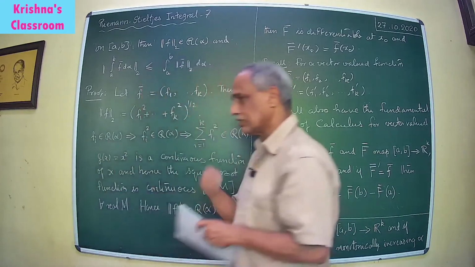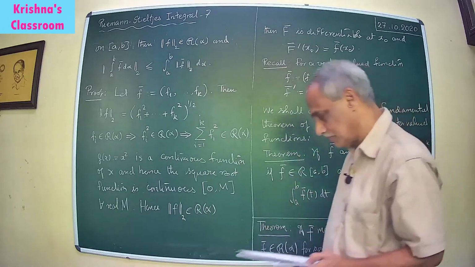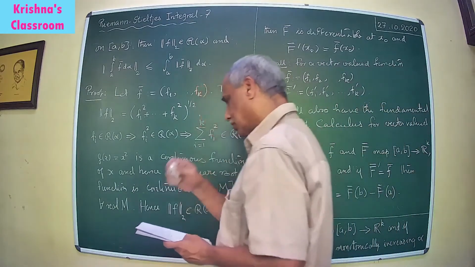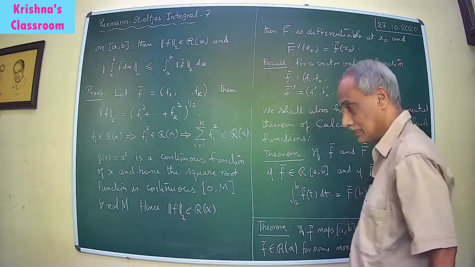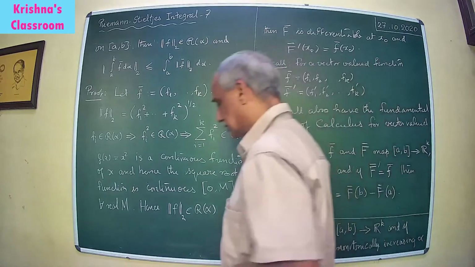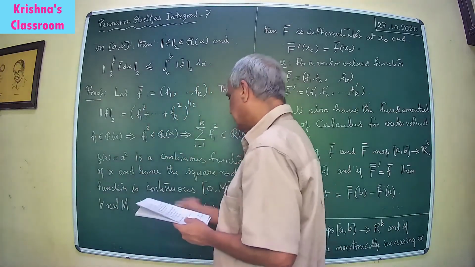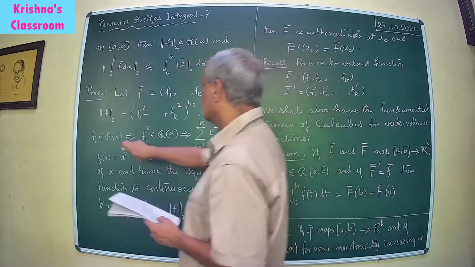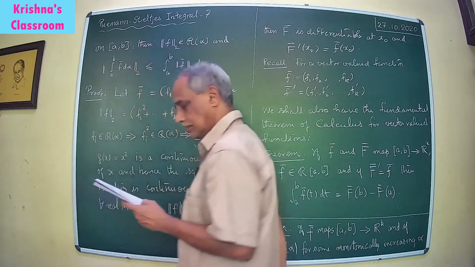This is the composition of a continuous function with a Riemann integrable function, and the composition of these two functions is Riemann integrable. Just use the composition. Therefore, you have this Riemann integrable with respect to alpha.